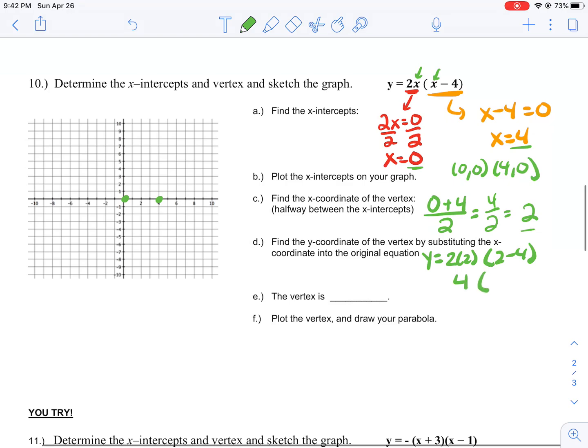So 2 times 2 is 4, and 2 minus 4 is negative 2. So y is equal to negative 8. Your vertex is the point 2, negative 8. So 2, and then down 8, giving you the parabola. Again, your vertex in this case is going to be a minimum. It's the lowest point.